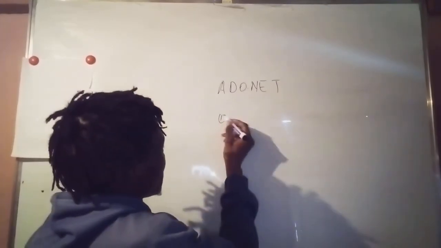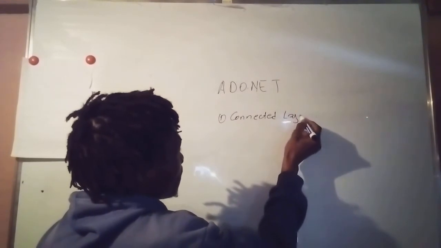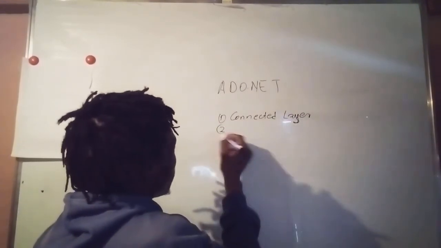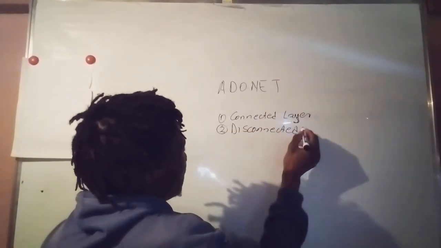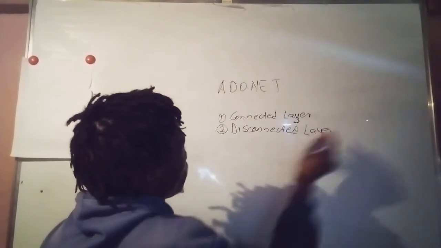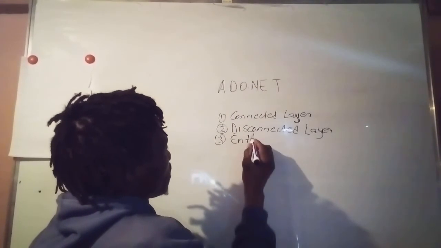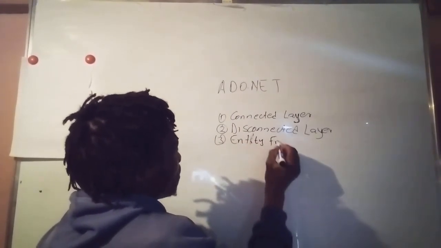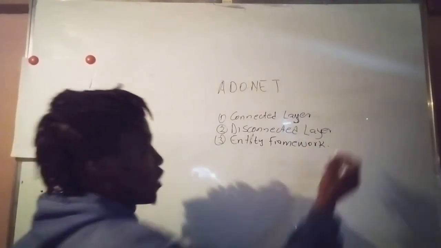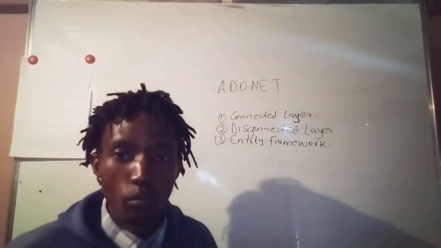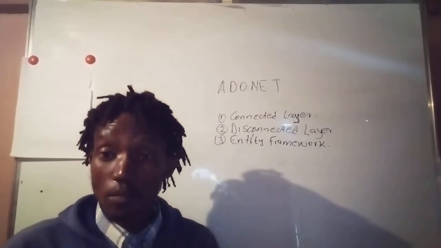There's a connected layer, and there's a disconnected layer, and you can also communicate with your RDBMS with Entity Framework, using the Entity Framework types. And this layer is actually recommended by Microsoft: that you make use of Entity Framework types when you are communicating with your relational database management system.